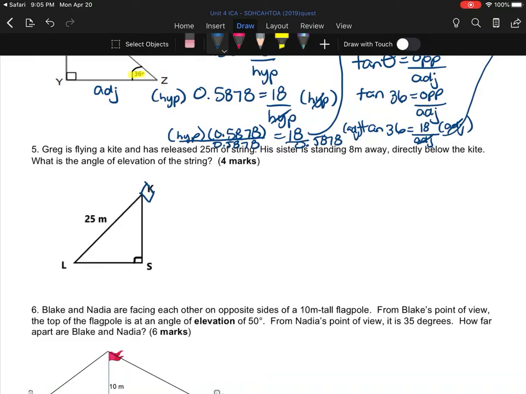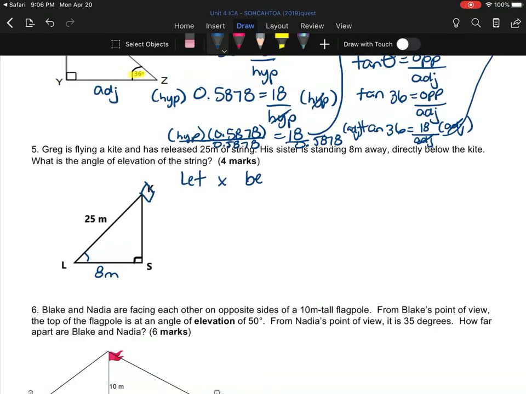So the string is 25 meters, it's labeled there. And the sister is, S for sister, directly below the kite. Then you can see the 8 meters should go here. She's standing directly away. And angle of elevation, remember, is always up from a horizontal. Okay, so the horizontal is the flat line. That's, in this case, the ground.